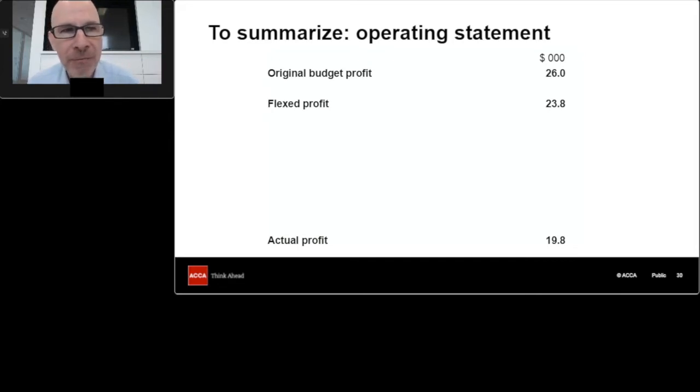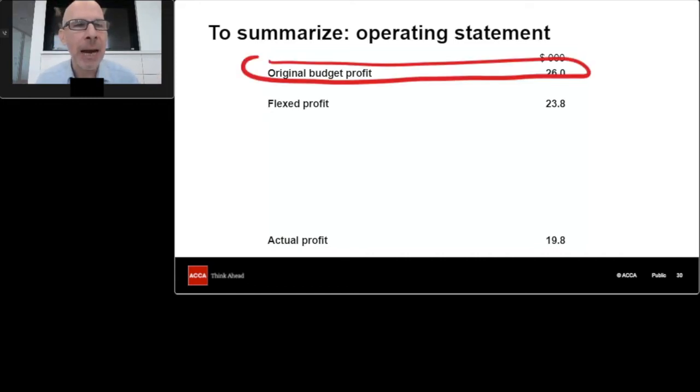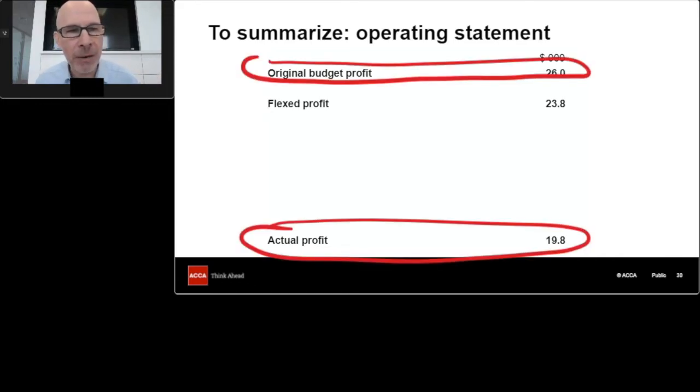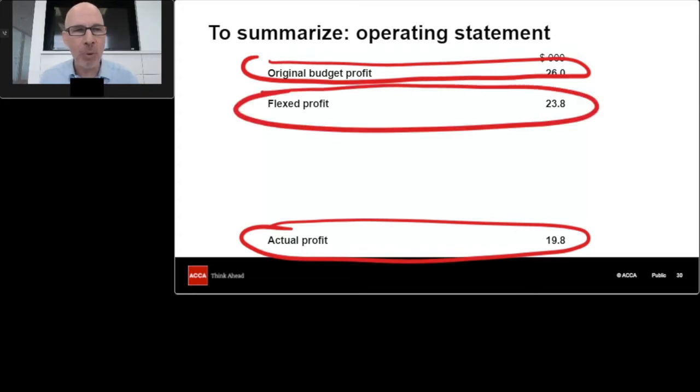Original budgeted profit is 26. Actual profit 19.8. Why is it lower? We need to control the business so we can take corrective action, process improvement. And we start there, and the first stopping point is the flexed budget, guys, okay?